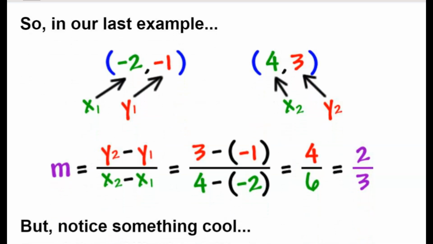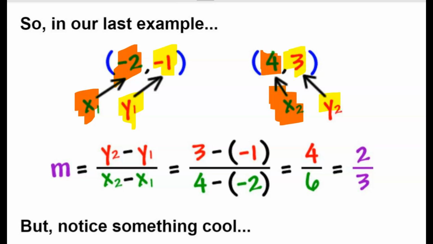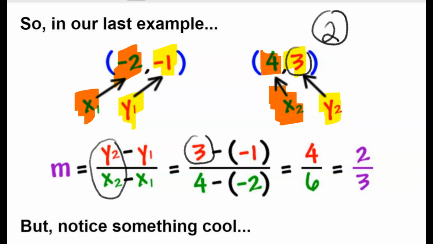So in our last example, I'm going to give you your notes in a second. Here's your x sub 1 and your y sub 1, and then you have your x sub 2 and your y sub 2. You take your second point's y first and subtract whatever that is.